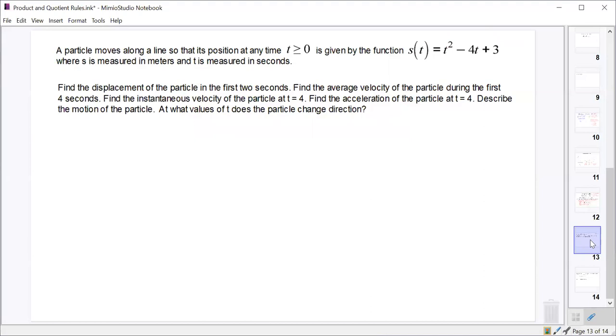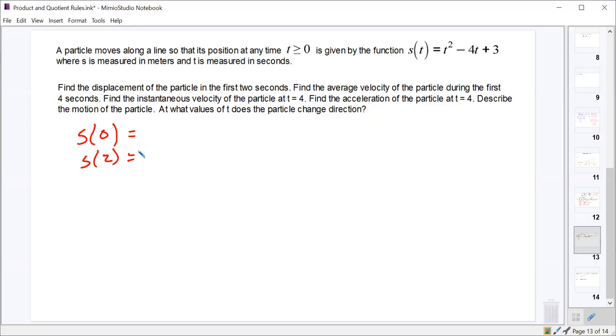The first question asked of us here is, what's the displacement of the particle in the first 2 seconds? So how do we figure out displacement? It's how far it's moved from its original position. So we're interested in how far this thing has moved as it goes from t equals 0 to t equals 2. First we need the position at 0 and the position at 2.